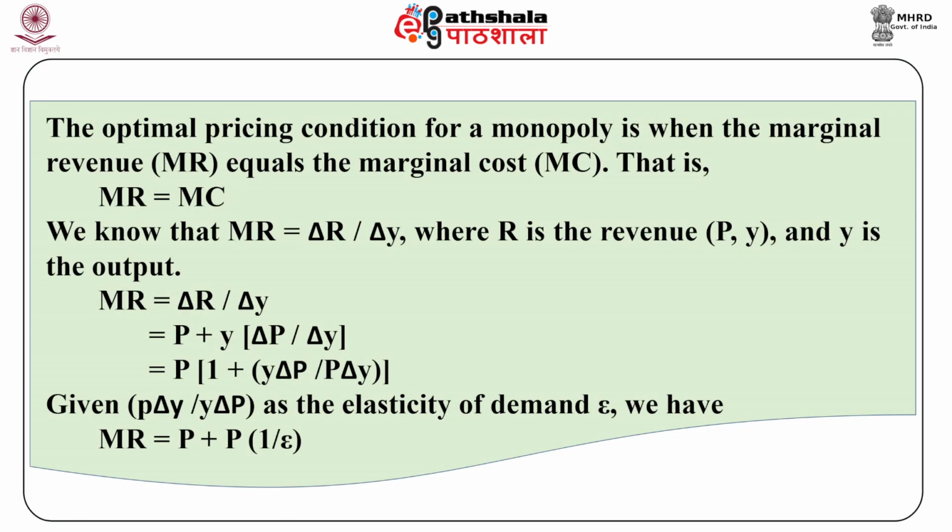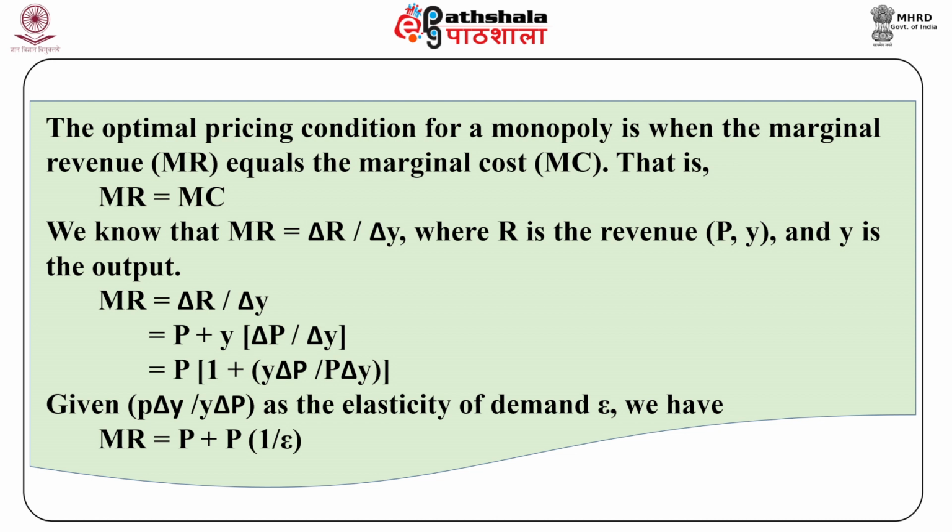The optimal pricing condition for a monopoly is when the marginal revenue, that is MR, equals the marginal cost, that is MC. In other words, the optimal condition requires that MR is equal to MC.